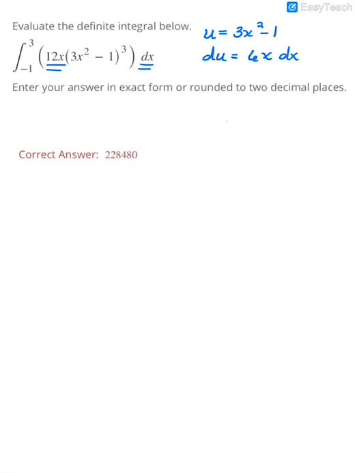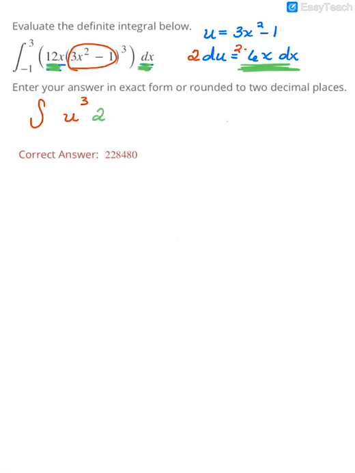We have a 12x, so we can easily fix that. We would have to multiply by 2 to make that a 12x dx, and so that would make that a 2 du. So now when we go into substitute, this is my u right here, so that would be u to the third. And then in place of the 12x dx, based on what we have here, we are putting in a 2 du.